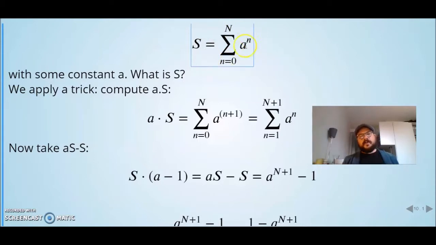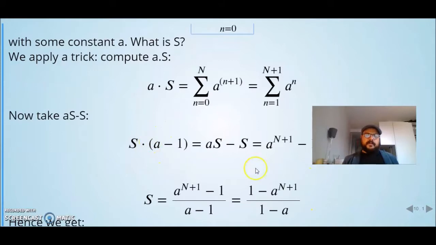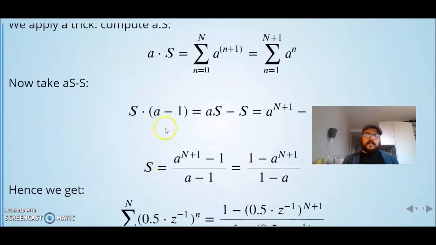So we have here a to the power of 0, which is this one here. So when we take a times s minus s, we will end up with these two elements here. So if we now divide these elements by a minus 1, we will get that this summation is equal to this divided by this.